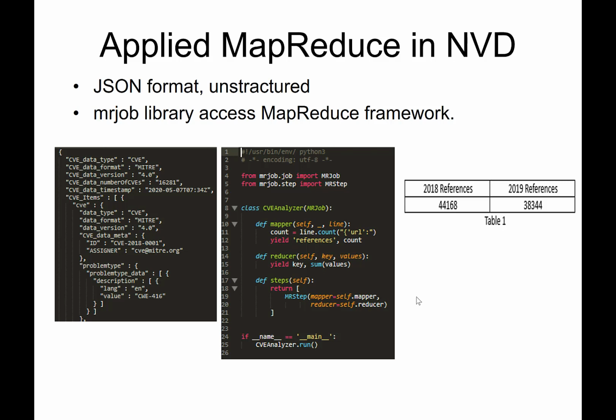Here we can see in the mapper function, we collect all the URLs, and I take them as values in the mapper function, and I pass them from the mapper to the reduce function. The reducer sums all the values that contain URLs together and gives me the output on your right-hand side. It shows that 2018 has more total references than 2019.